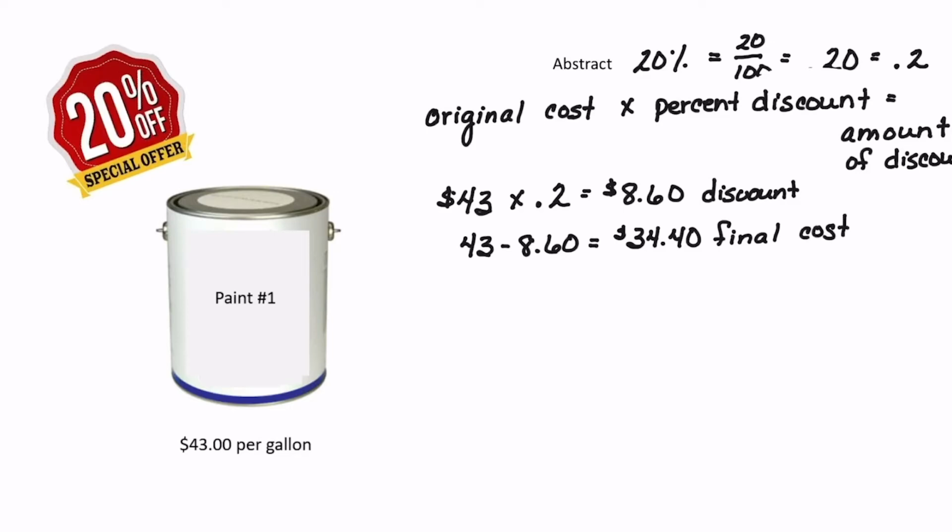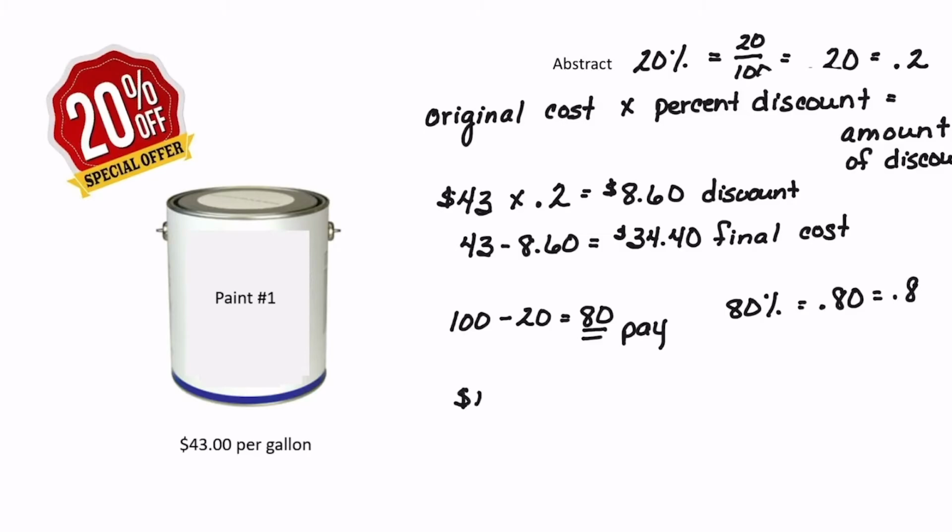Now, there's a strategy number 2. Instead of figuring out the percent discount, you figure out how much you have to pay after the discount. So if I know my whole is 100, I have to pay 100%. And then I'm going to take away 20%. That leaves me with 80% to pay. Instead of multiplying times 0.2, I'm going to change that 80% into 0.80 or 0.8.